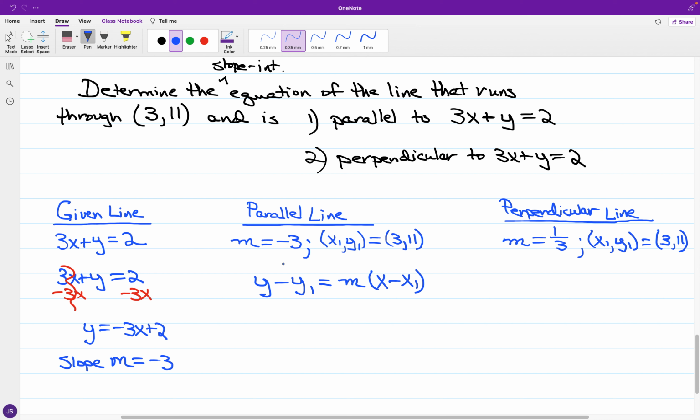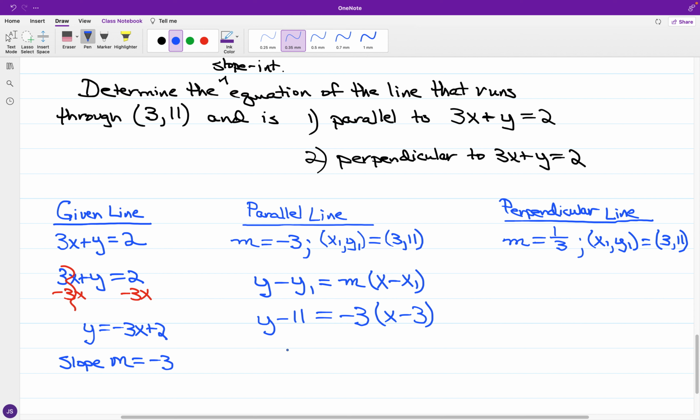With the known values for m, x1 and y1, if I substitute accordingly, y minus y1 translates to y minus 11. The slope m is negative 3, times the quantity x minus x1, where x1 is 3.